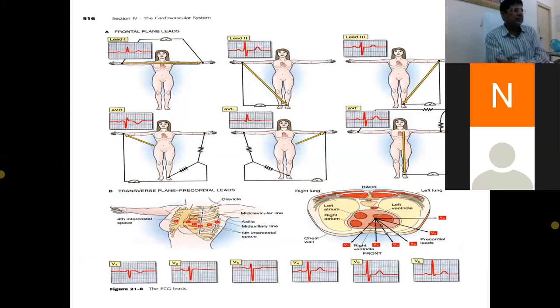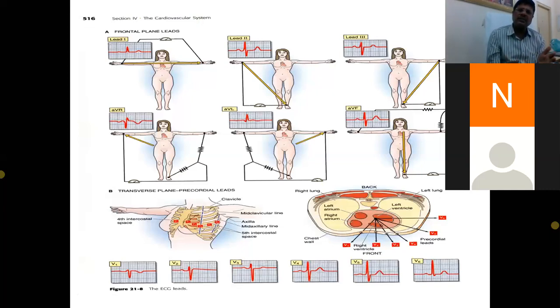This slide is very, very important. This slide shows you the ECG waveform in the different leads. So one common sense question as soon as you see that: for example, in lead 1 the ECG waveform is something, whereas if you go to lead aVR, the ECG waveform is something different.